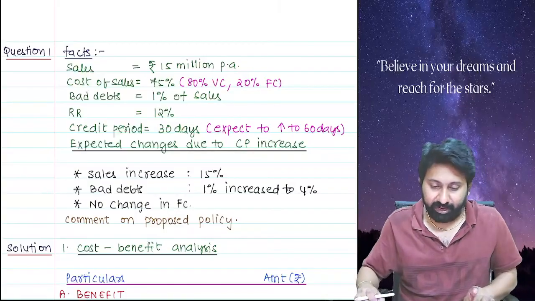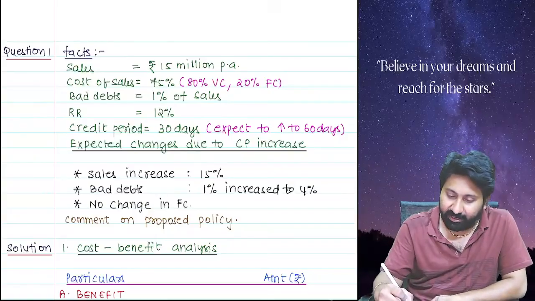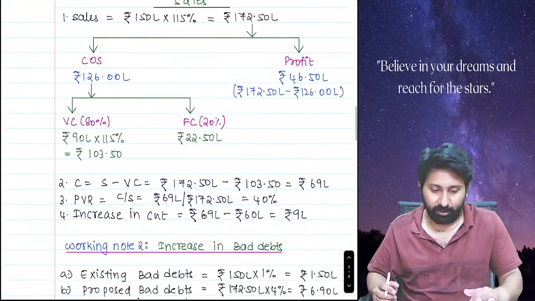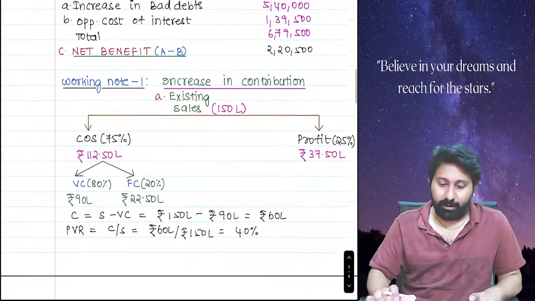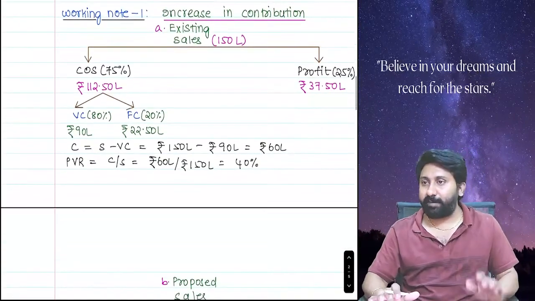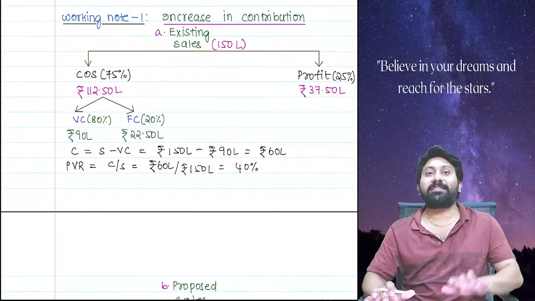First thing, from 15 million, sales will increase by 15%. Whenever a question comes on debtors management, first, working note number one will be the increase in contribution.